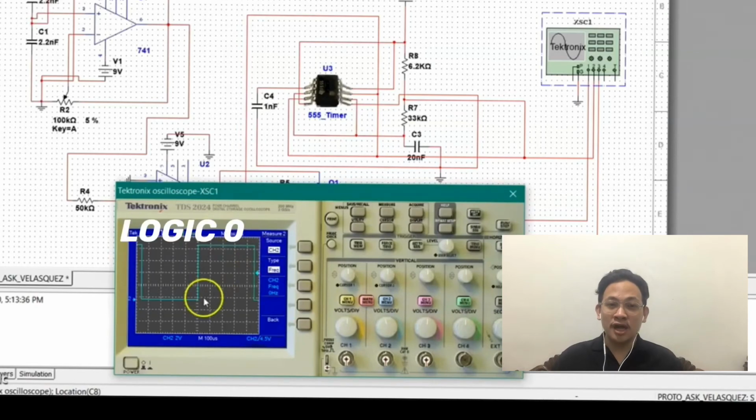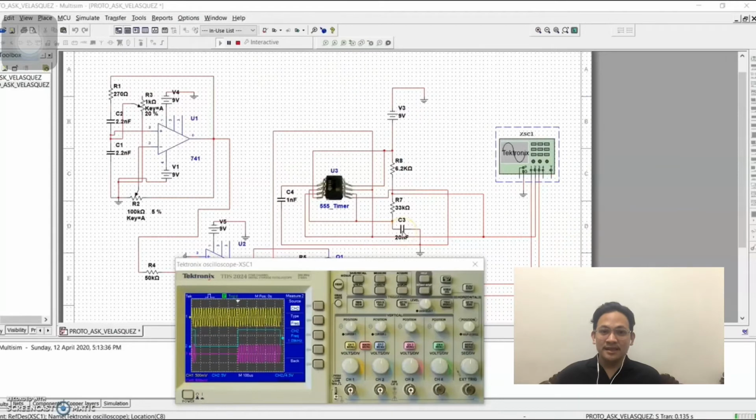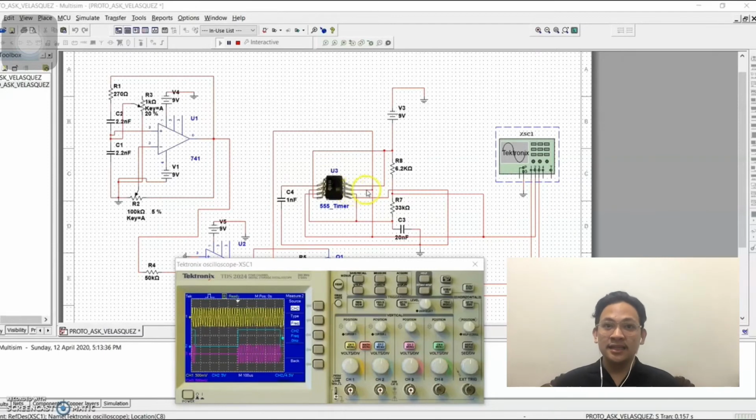When the pulse is logic 0, the frequency is 0 kHz. This means that at 0 kHz, the switch is open. With that said, the input binary signal is applied in pin 4 of the 555 timer, and the output is generated at pin 3 of the 555 timer, thus generating the ASK modulated wave.